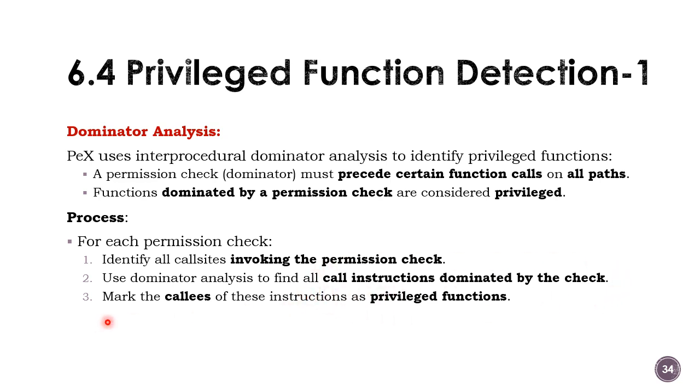And the third step is to mark the call instructions as privileged functions, which means those privileged functions that are preceded by the permission checks.